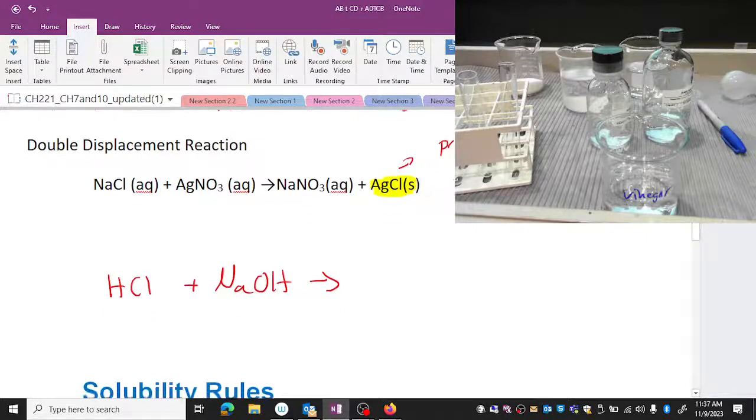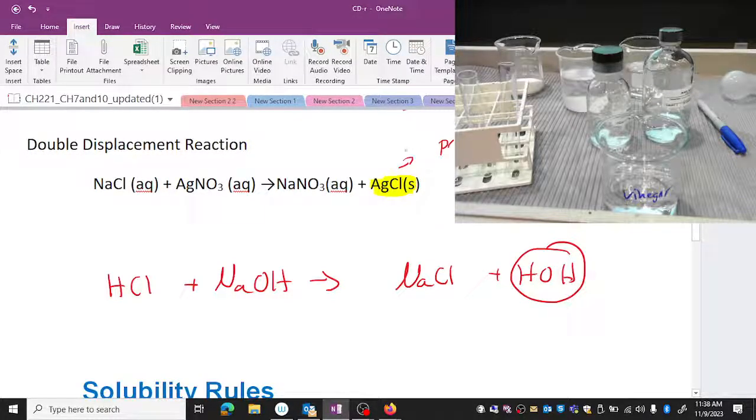So that should be consistent. Now we can do the same thing with our neutralization. So swapping partners, we form sodium chloride and water. And so this is the other key point, that we either have to form a precipitate or we have to form water. Those are the two conditions that drive a double displacement reaction forward.